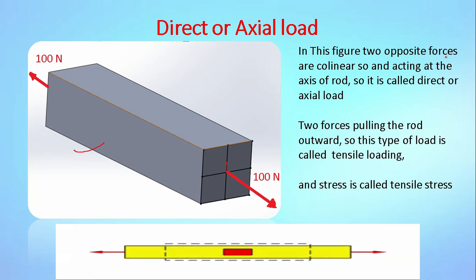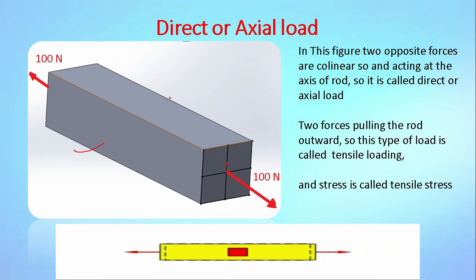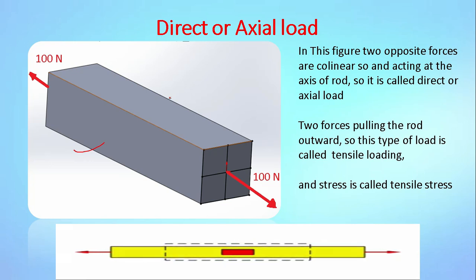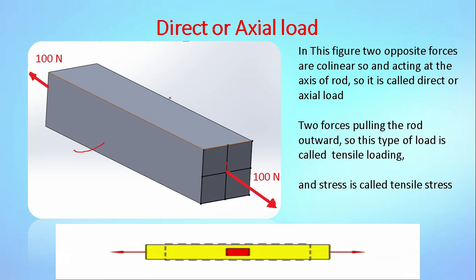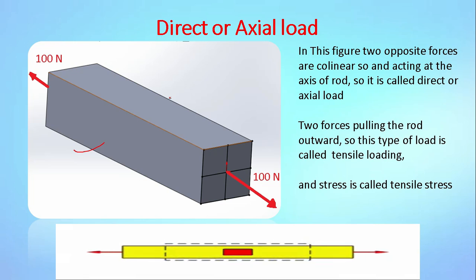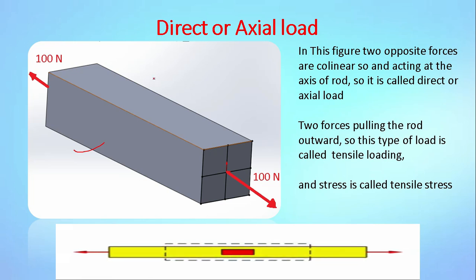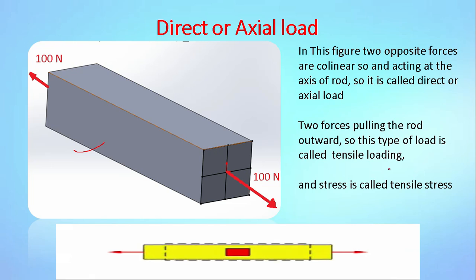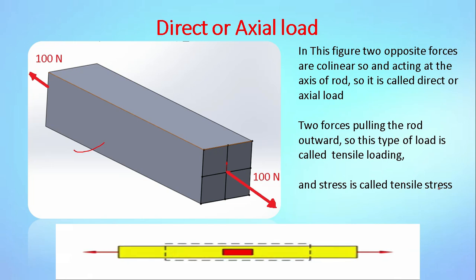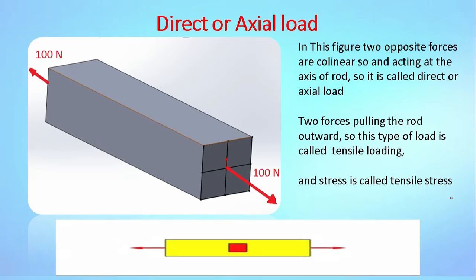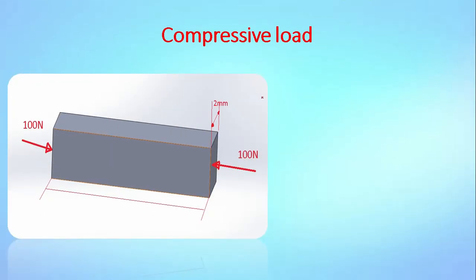In this figure, two opposite forces are collinear, acting at the axis of the rod, so it is called direct or axial load. Two forces pulling the rod outward, so this type of load is called tensile loading, and the stress is called tensile stress.